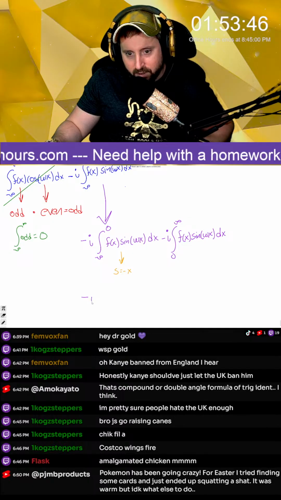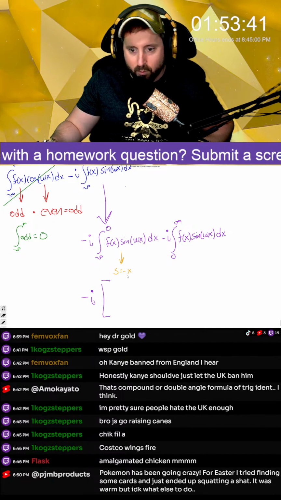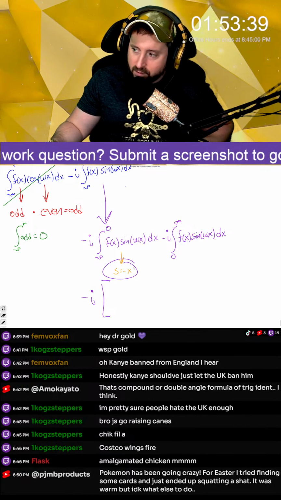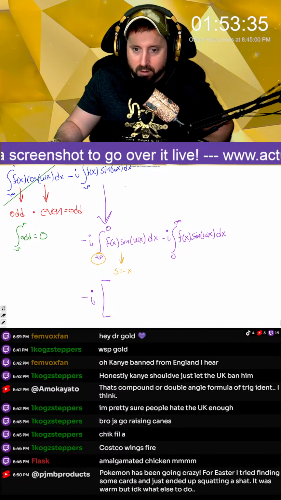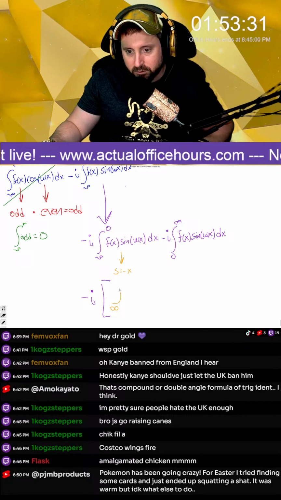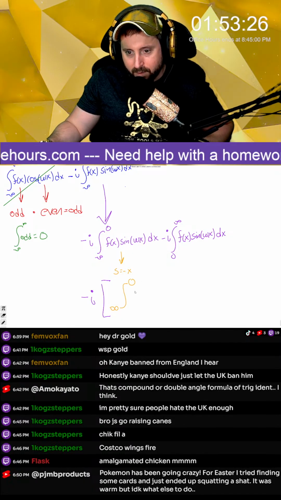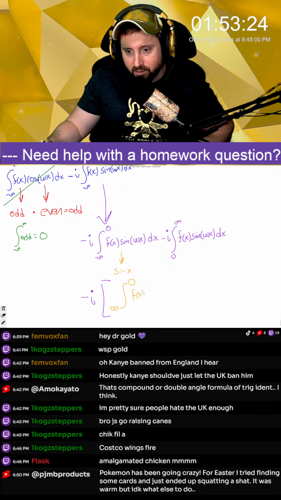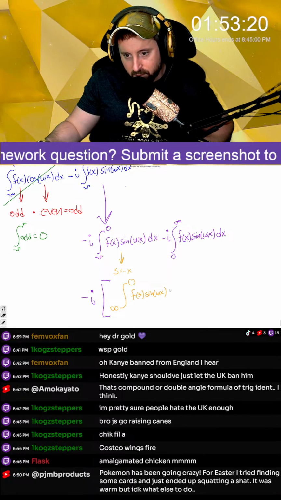So we have the negative i being pulled out, and we make the substitution that s is equal to negative x. That means my bounds now go from positive infinity to 0. And then that's going to be f(s) sine(ωx) ds.